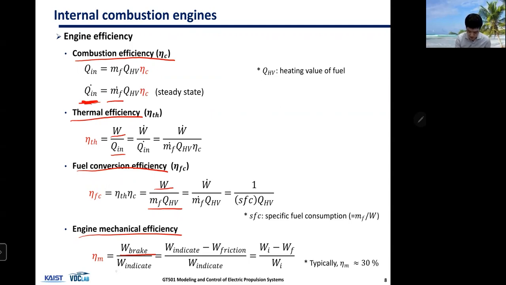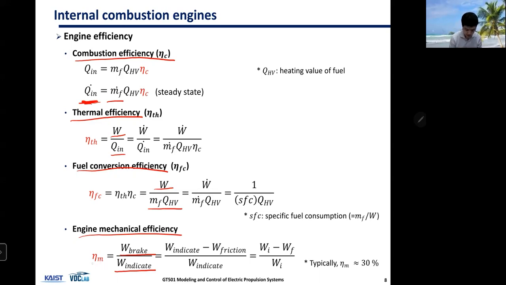And then there's indicated output work, which is the net output work you get from the thermodynamics. So there are frictions and other losses you get while you convert this indicated work to the actual work you get from the crankshaft.